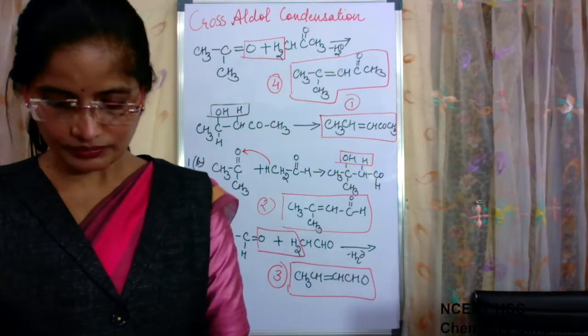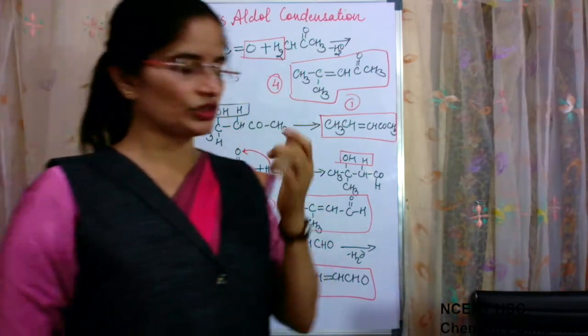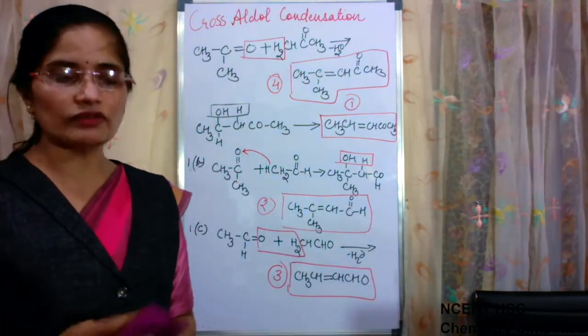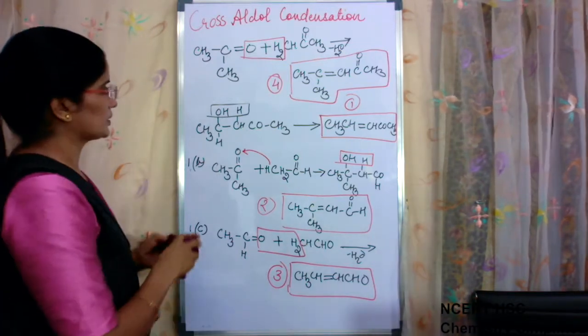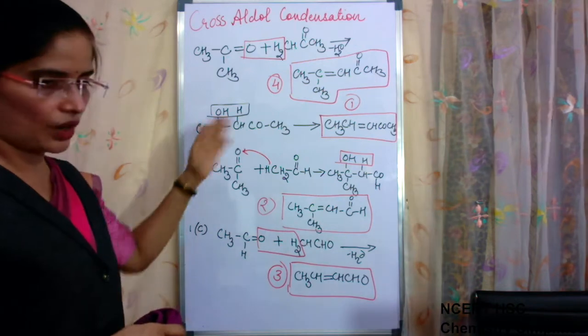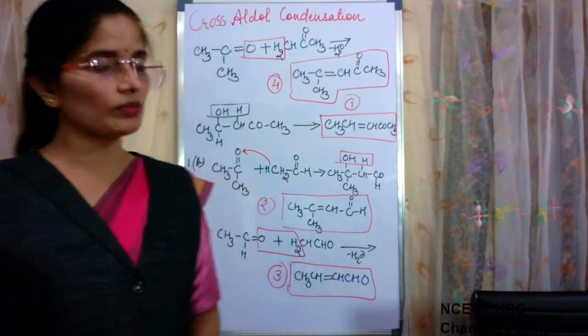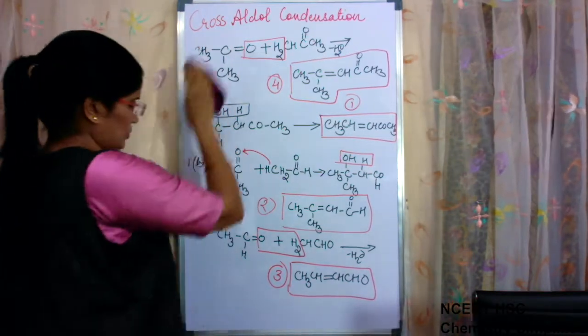Now, as I told you, cross aldol condensation can also be performed when one of the molecules does not have alpha hydrogen. So let us now see how that reaction will be performed, and how many types of products are formed that time.